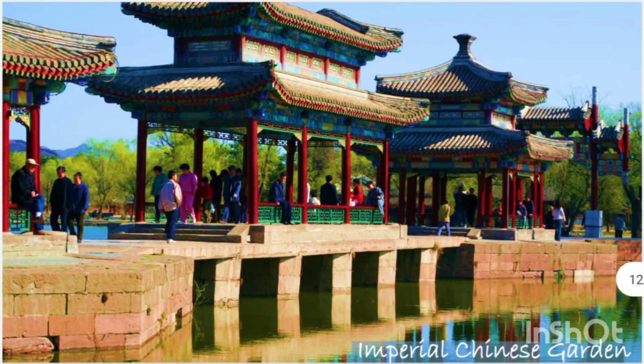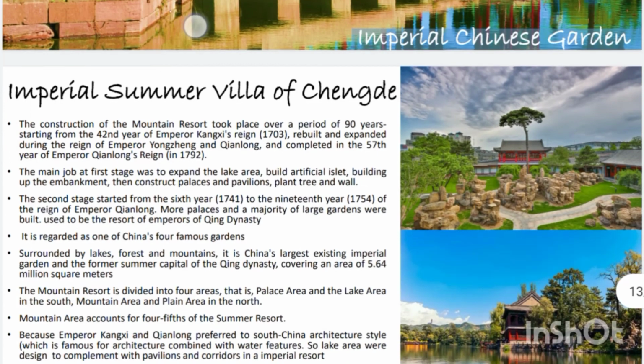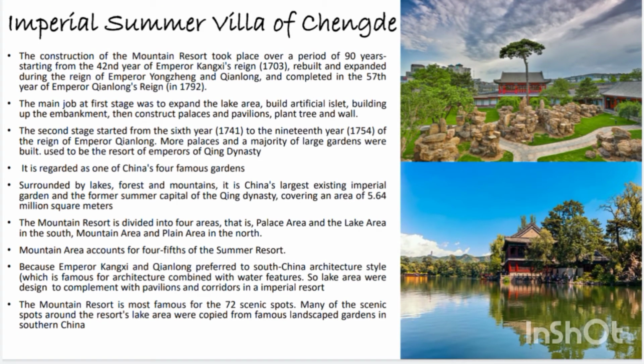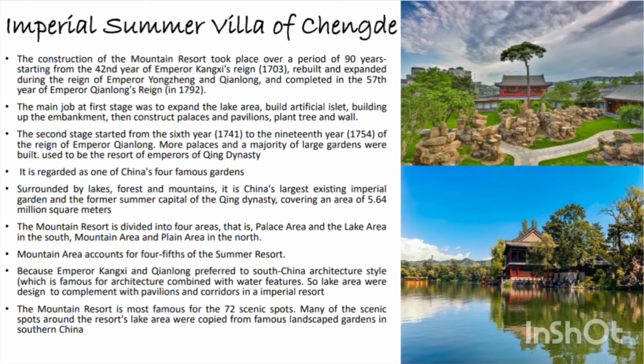Next is an example of an imperial Chinese garden. The Imperial Summer Villa of Chengde is the largest existing imperial garden and is one of the famous gardens in China.